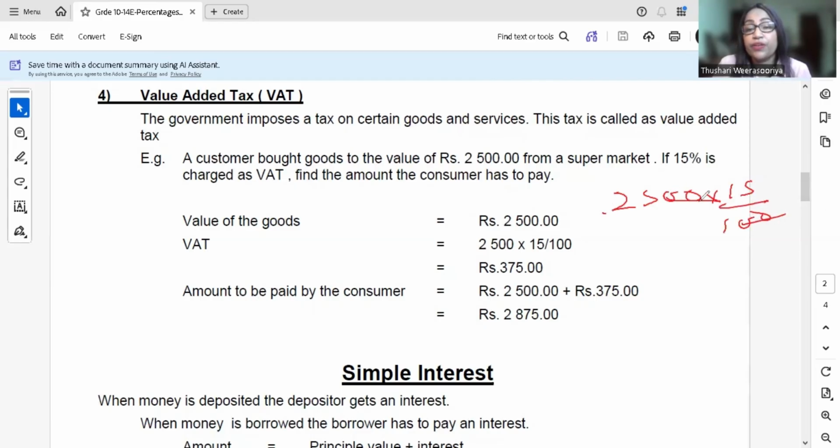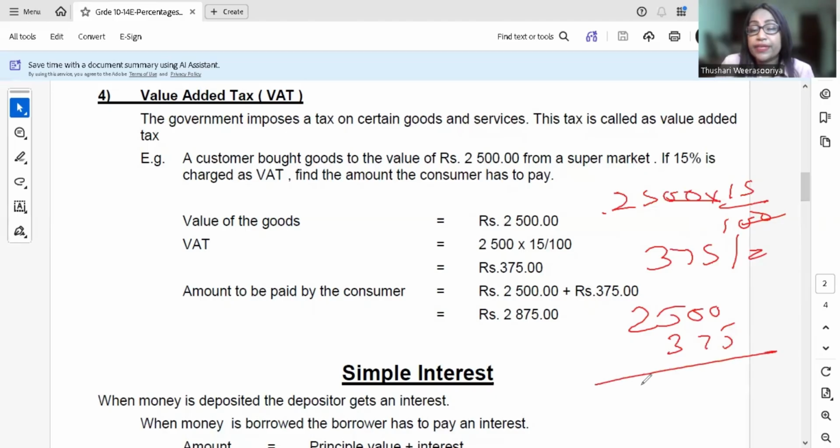You can cancel the zeros. Then you multiply these two, that is 375, which is the VAT. Then the total amount to be paid by the customer is 2,500 plus 375. There you get 2,875. That is the value which we have to pay after VAT.